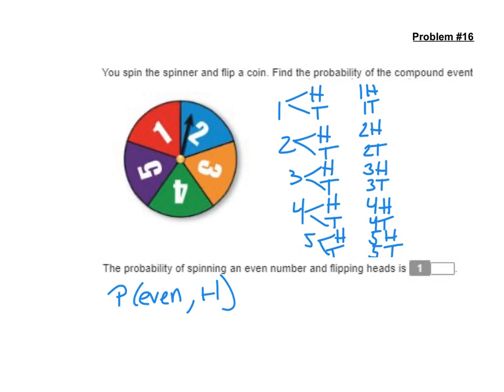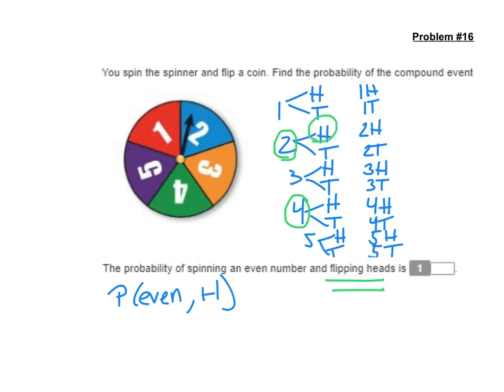Okay, using the same spinner and flipping a coin, now we're looking for the probability of spinning an even number and flipping heads. So if I look at my outcomes, my even numbers would be when I spin a 2 or a 4. And then the second part of that is we're looking for flipping a head.